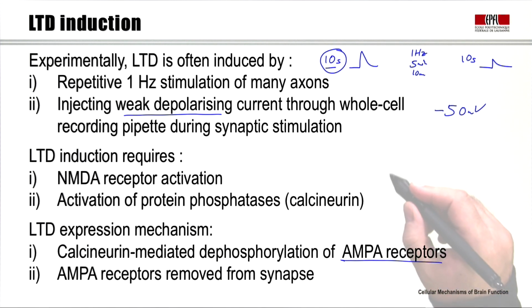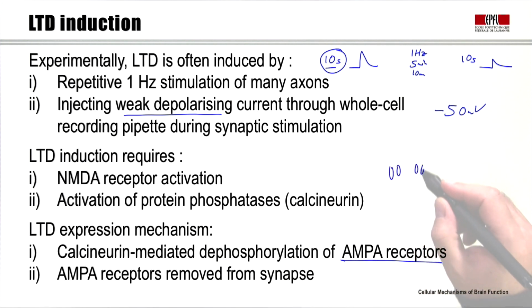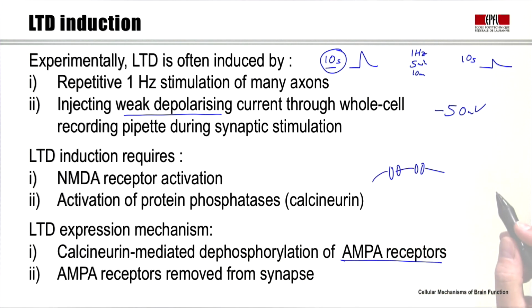And so we start off with a situation where we might have many AMPA receptors postsynaptically, and after the long-term depression protocol, we end up with fewer receptors postsynaptically, and so we have less conductance, and therefore we get smaller postsynaptic potentials. So that's the basis of long-term depression.